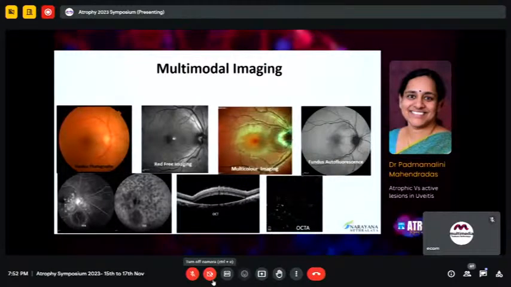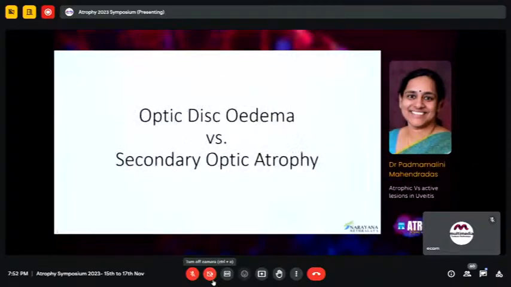In vivo histopathology of the retina we study by using optical coherence tomography, and retinal and choroidal vasculature are studied with the help of OCTA. Wide field angiography plays an important role in the diagnosis and management of uveitic entities.